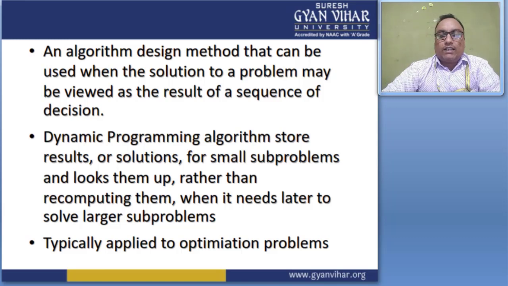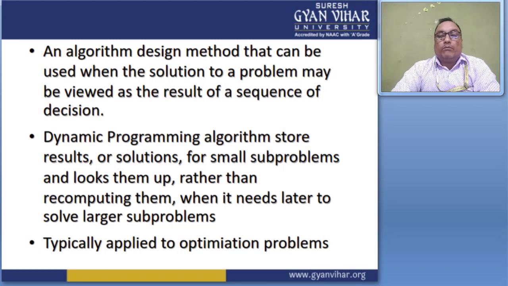If you see that the problem is already solved, then just return the saved answer. If it has not been solved, solve it and save the answer. This is usually easy to think of, very intuitive, and is referred to as memoization.